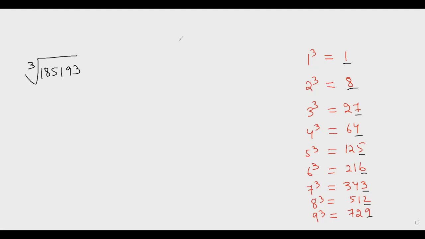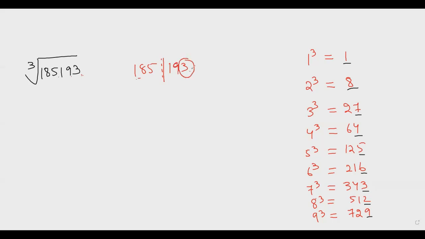Since we have to find the cube root, we have to divide it into groups of 3. So partition 185, 193, from the right-hand side. Then we need to partition, right? And then look here, 3.